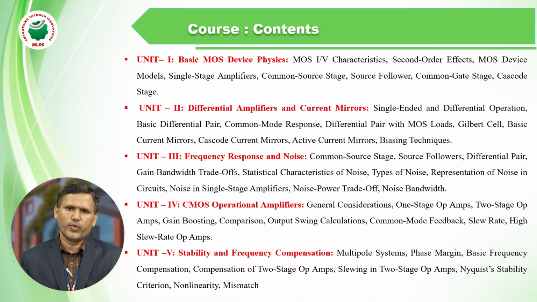Coming to unit 5, stability and frequency compensation: multiple systems, phase margin, basic frequency compensation, compensation of two-stage op-amps, slewing in two-stage op-amps, Nyquist stability, Nyquist criteria, non-linearity and mismatch.